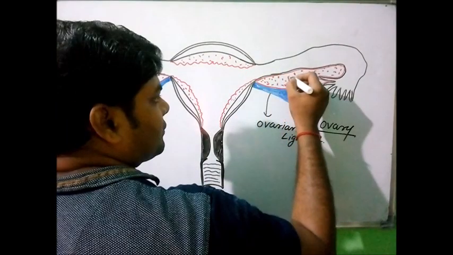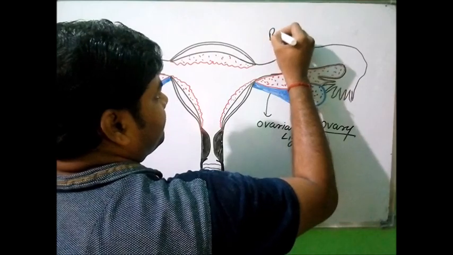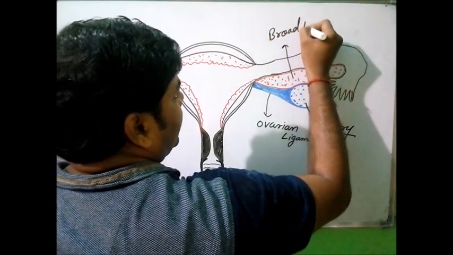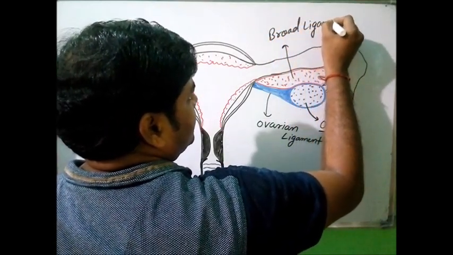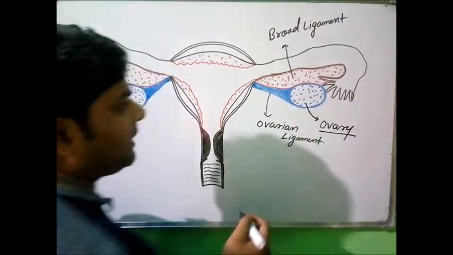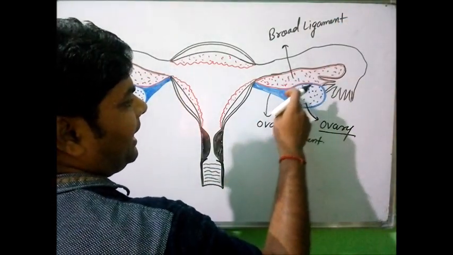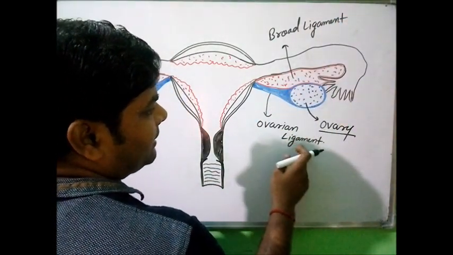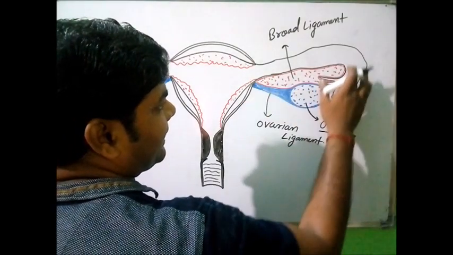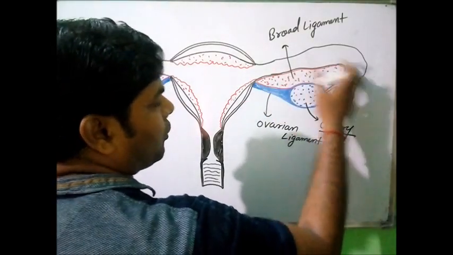This structure is called the broad ligament, which connects the ovary, supports the ovarian ligament, and gets connected with the surface of the oviduct.